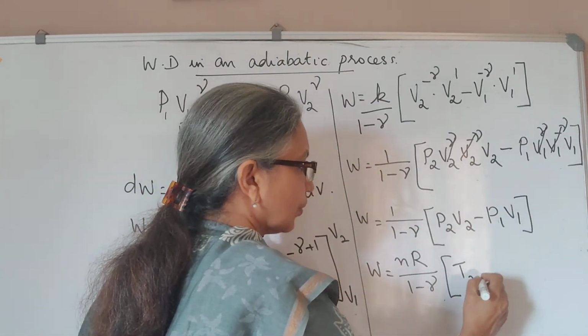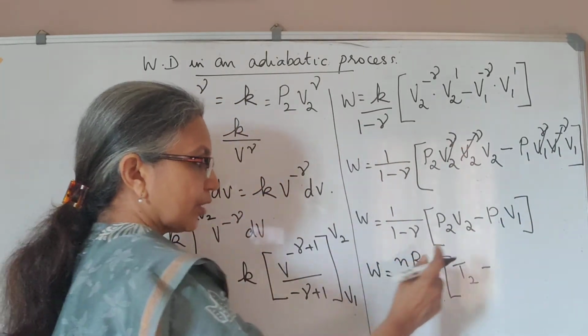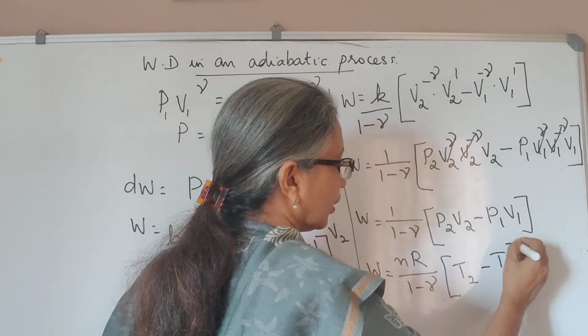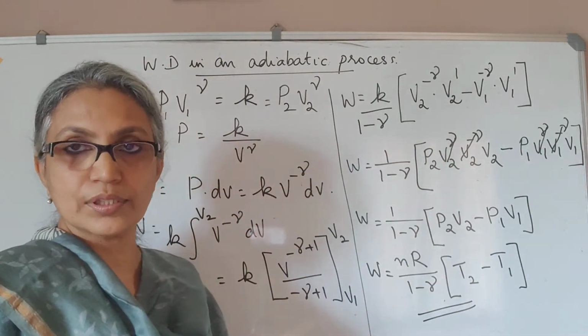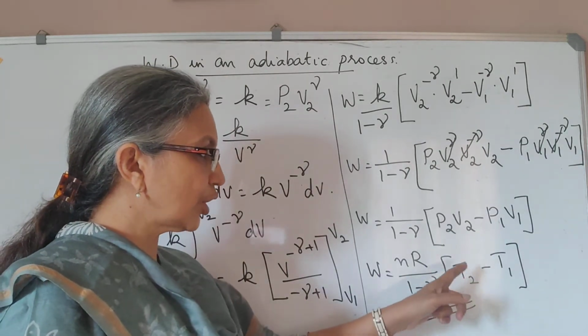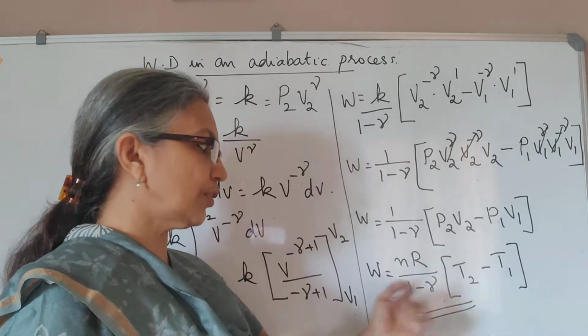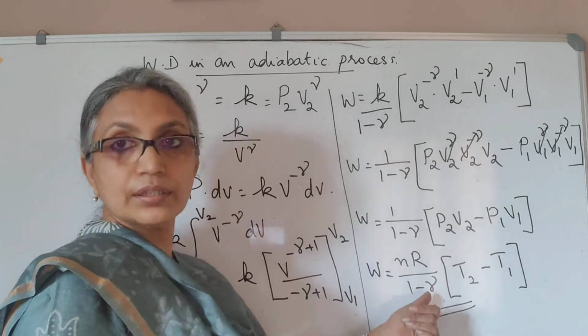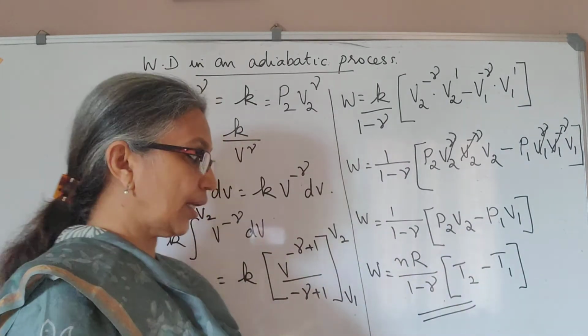This will be T2 minus, here it is PV equal to nRT1, nR I have taken outside, so this is T1. So this is the expression for work done in an adiabatic process where the gas is changing its volume from V1 to V2, temperature changing from T1 to T2. Gamma is the ratio of specific heats I told you, R is the gas constant, and n is the number of moles.